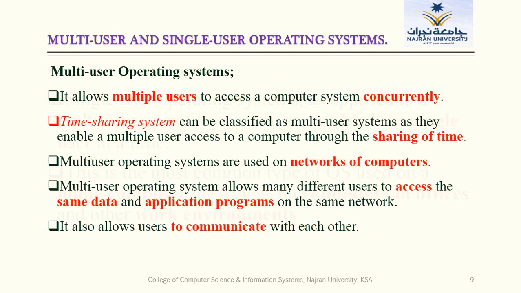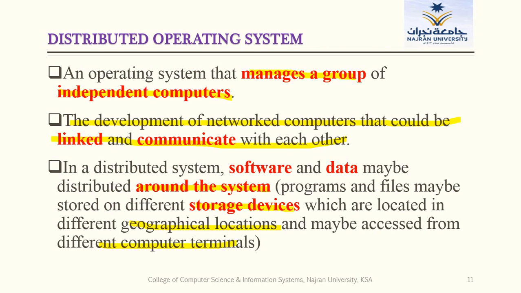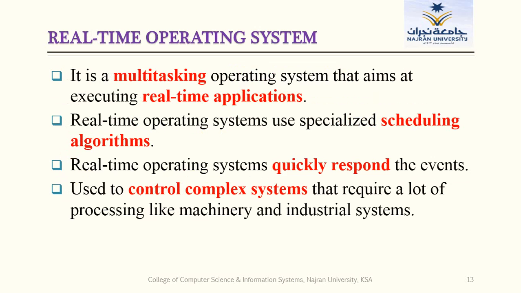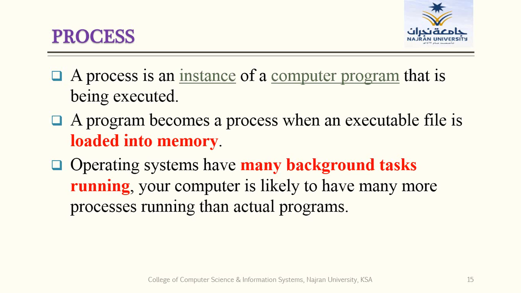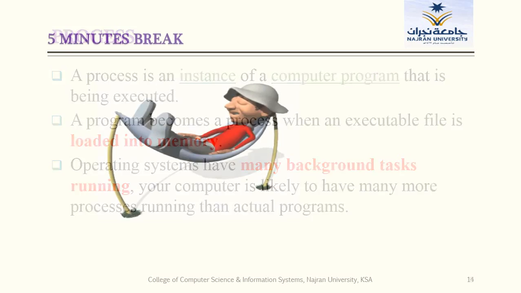So this was our first session of lecture number 3. We will continue with the second session of lecture number 3 in the next class, and that will be related to processes.